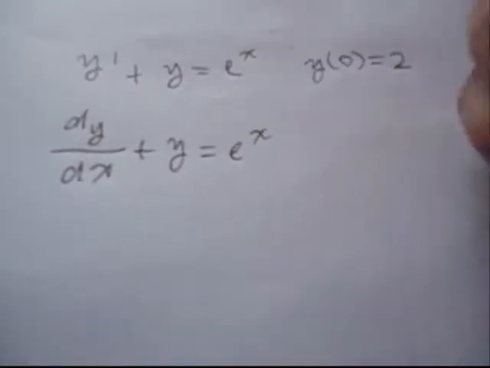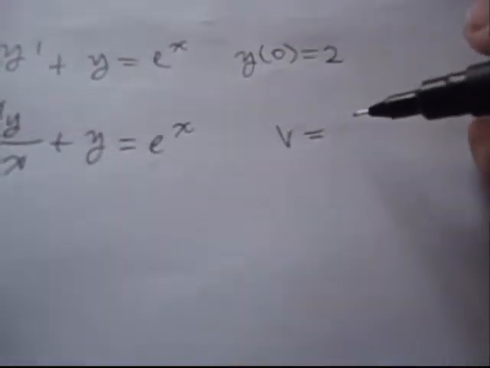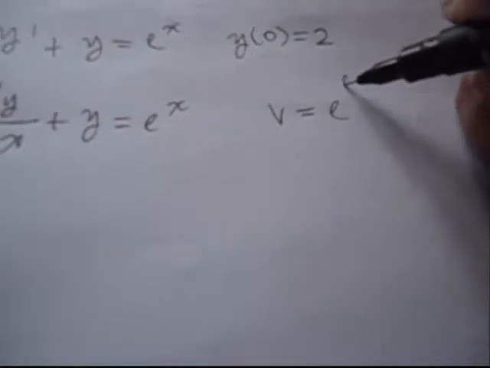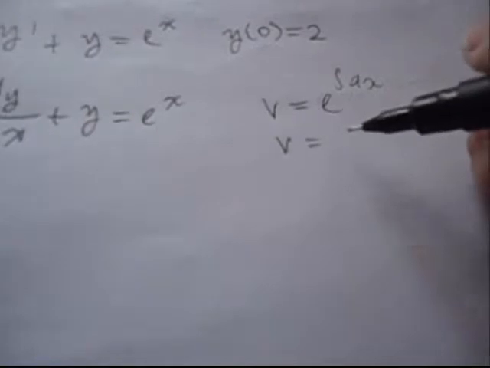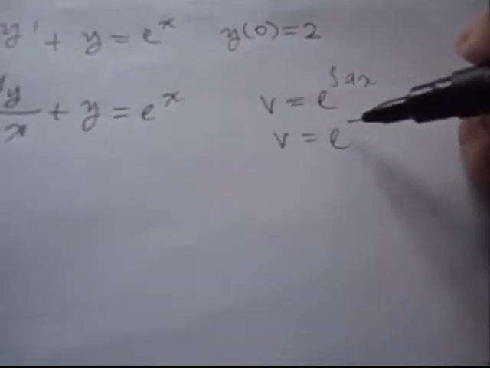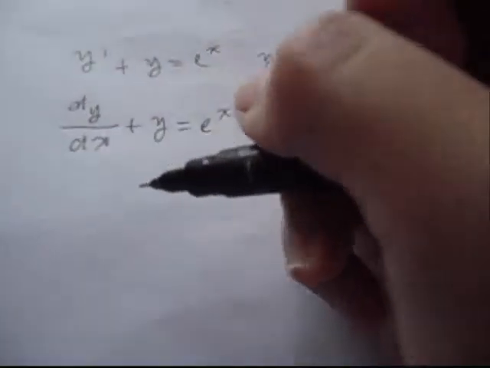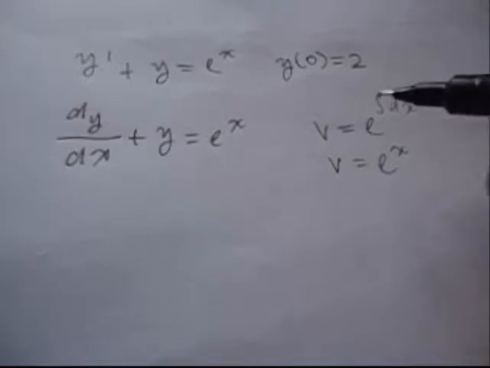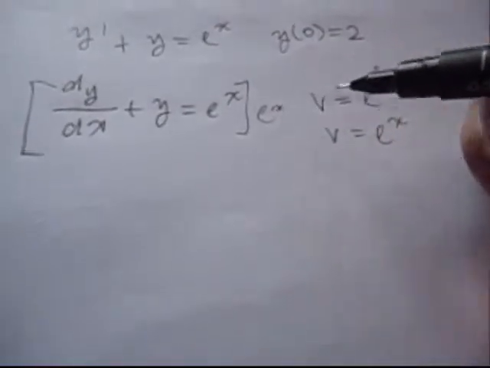we have no x here, so we have our integrating factor as v is equal to e to the power of integral of dx. So we have v is equal to e to the power of x. Then after getting the integrating factor, we multiply both sides with e to the x, which is v.